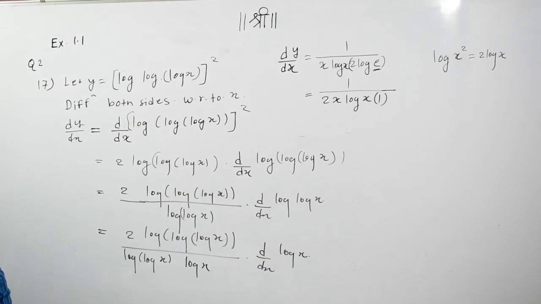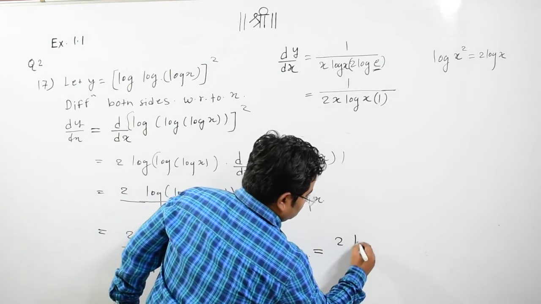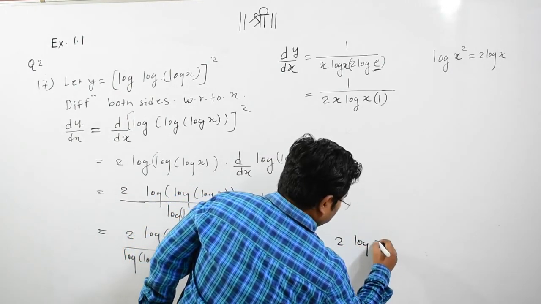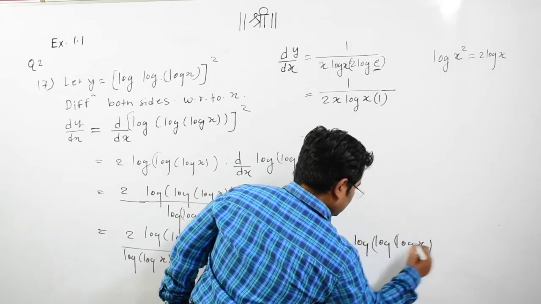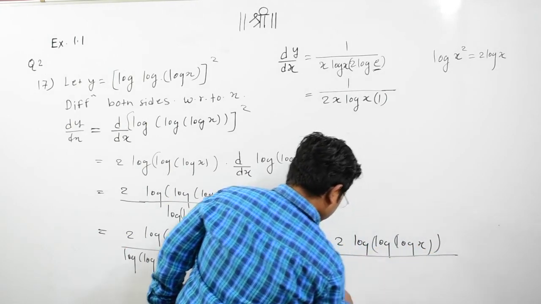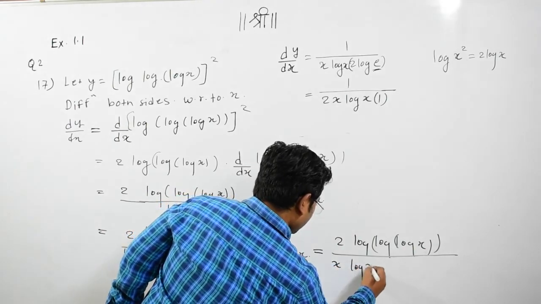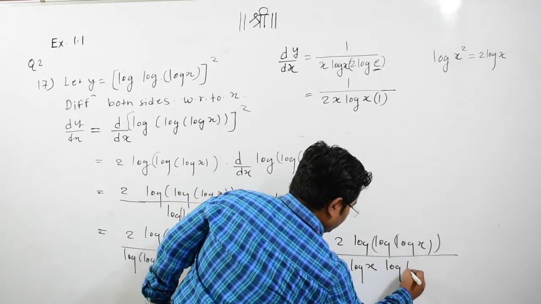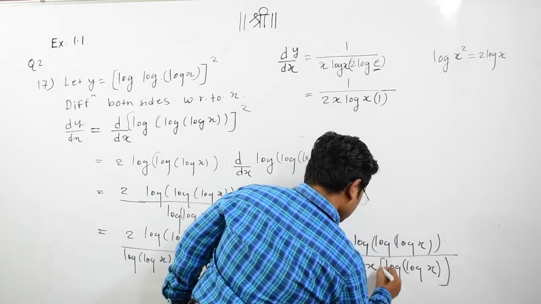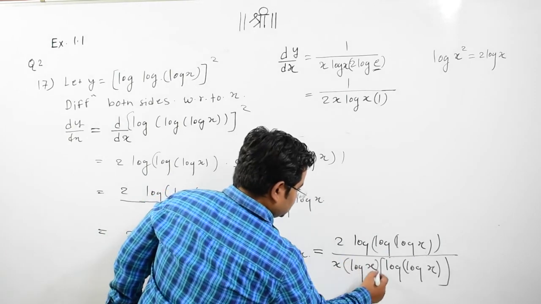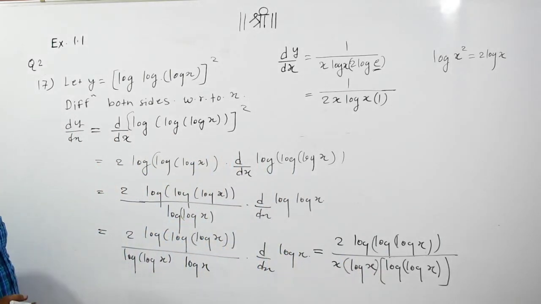So our final answer will be equal to what? 2 log of x divided by x into log of x into log of x. Okay, so this bracket is separate, due to which we can get our answer properly.